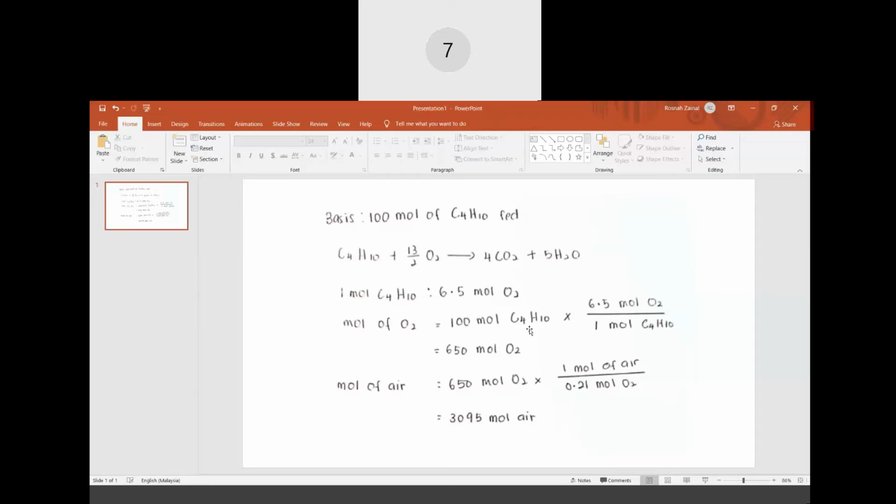So we multiply 100 mole of butane with 6.5 mole of oxygen, and we get 650 mole of oxygen used for the combustion.